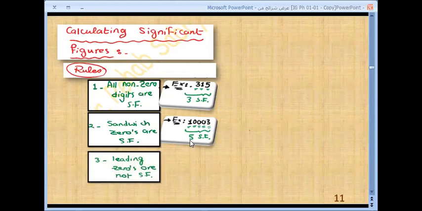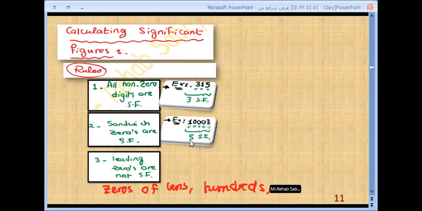The third one, leading zeros are not significant zeros. Leading zeros, and also zeros of tens, hundreds, and so on, zeros to the right, but not zeros to the right of the decimal.